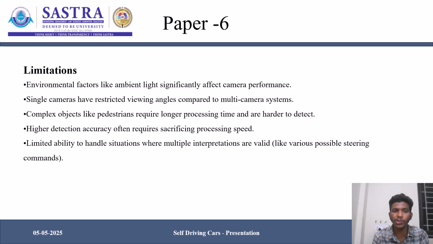When we use a 360 degree camera, we can make it 360 degrees. And for complex objects like pedestrians, from a longer distance it is hard to detect, and for longer distances the accuracy also falls low.